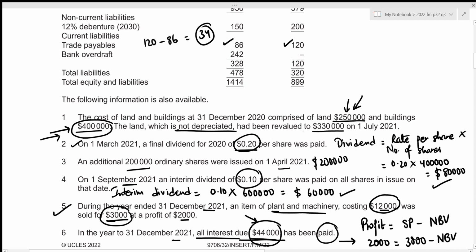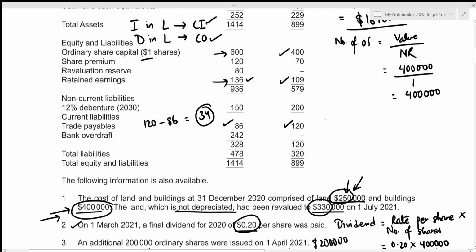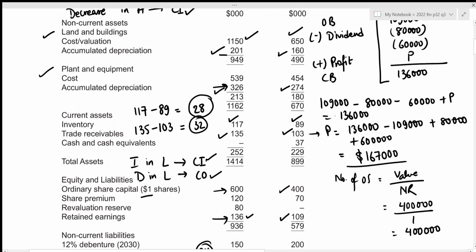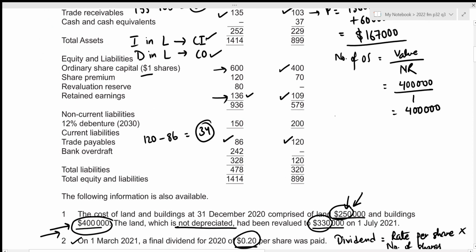And later we are also told that this land value of 250 will now be termed as 330, right? Since there is a revaluation upward. So from the previous value of 650,000, we just subtract 250, that is the previous value, and add the new value of 330,000, right? So this would give the total cost to be 730,000.